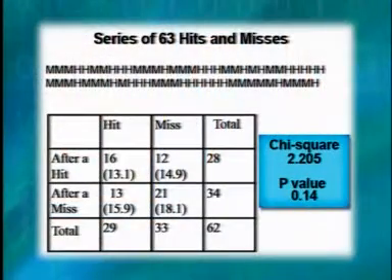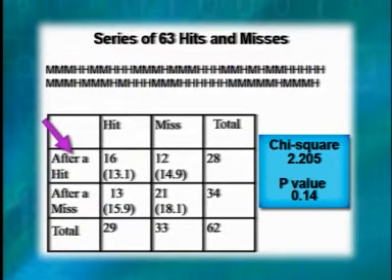So what we could do is look at how often the person successfully made the basket after making a previous basket, compared to how many times the person made a basket after a previous miss. You see? So H means it was a good basket. M means it was a miss. So what we can do is look at this.